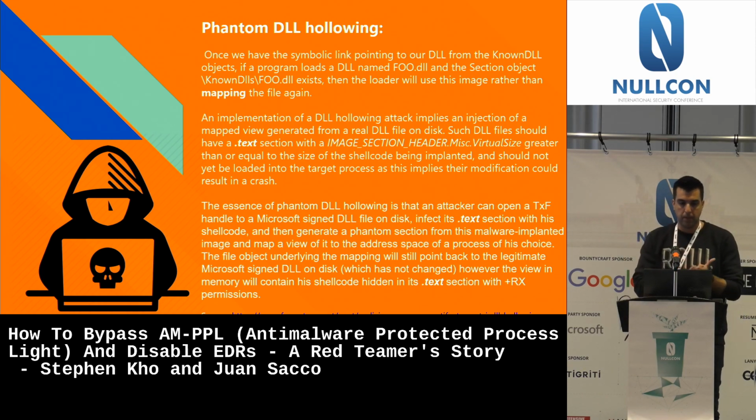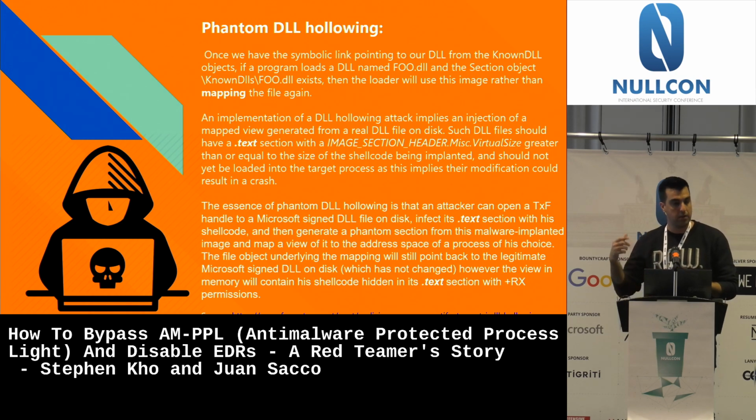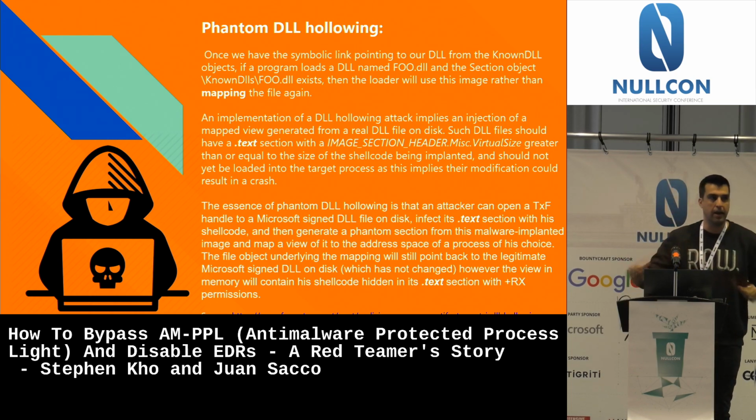Once we have the symbolic link pointing to our DLL from the known DLLs objects, if a program loads a DLL named foo.dll, for example, and the section object \KnownDlls\foo.dll exists, then the loader will use the image rather than mapping the file again.